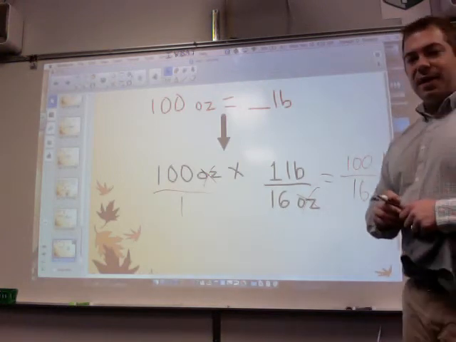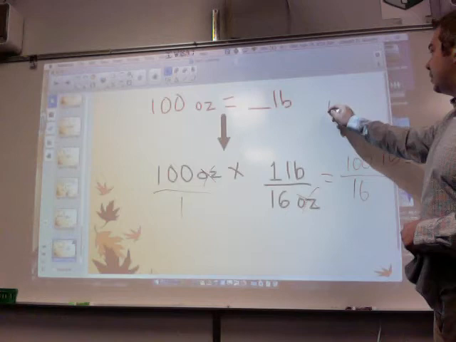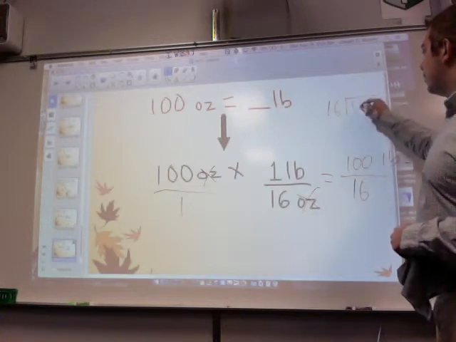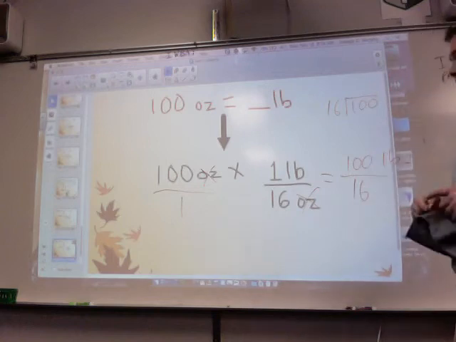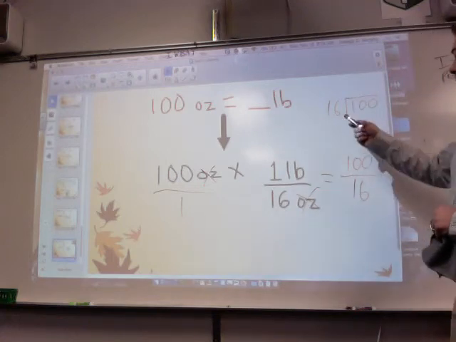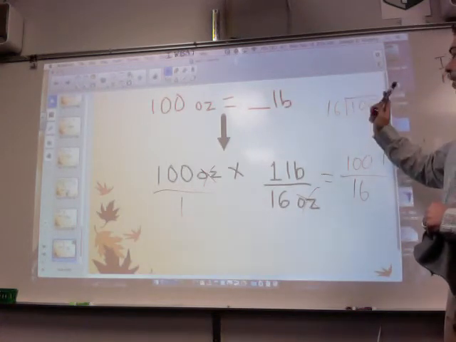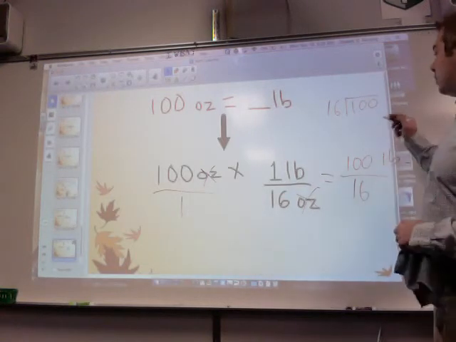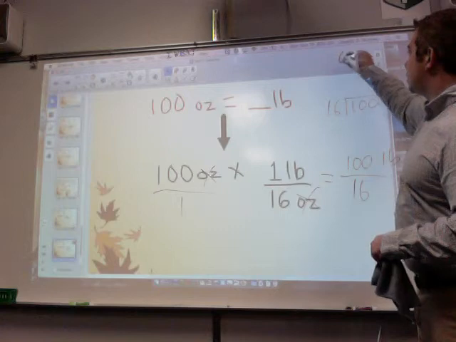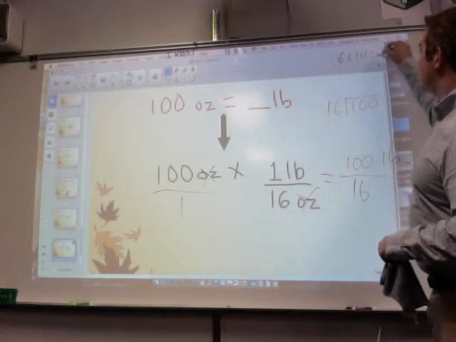So now I could set up my division problem here. 16 going into 100. Well, let's do some mental math again. I like mental math. I know that 6 times 10 equals 60.